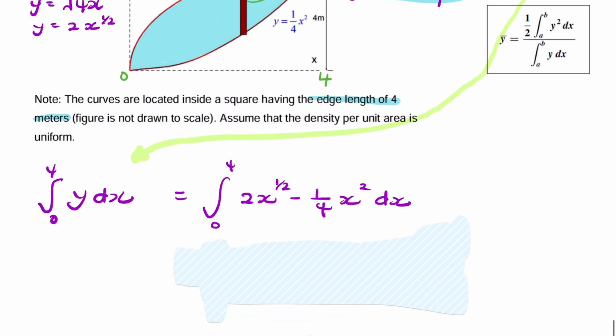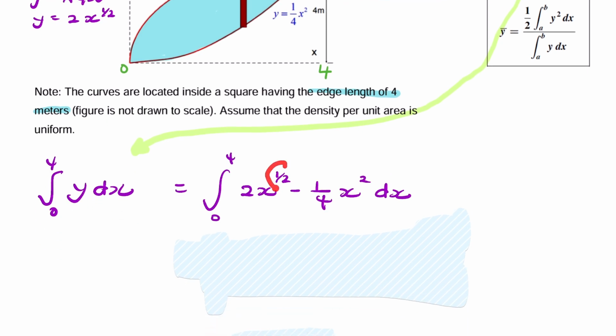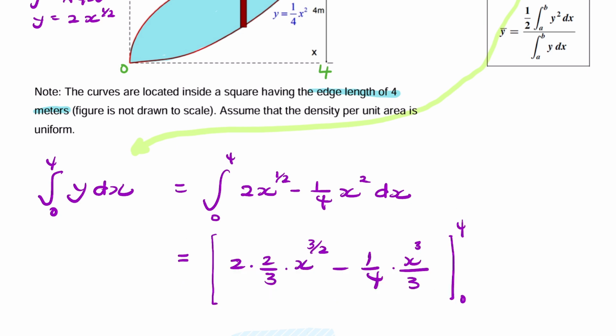It's straightforward, it's a polynomial. So you just add 1 to the power and divide by the new power. So half plus 1 is 3 over 2. Divide by 3 over 2, that means multiply by 2 over 3. And 2 plus 1 is 3, divide by 3.